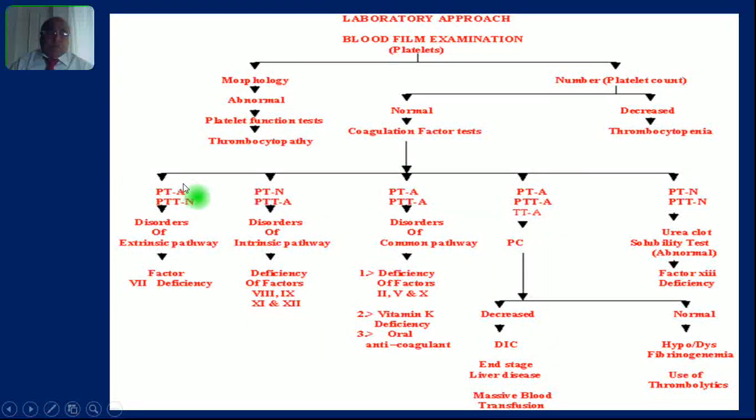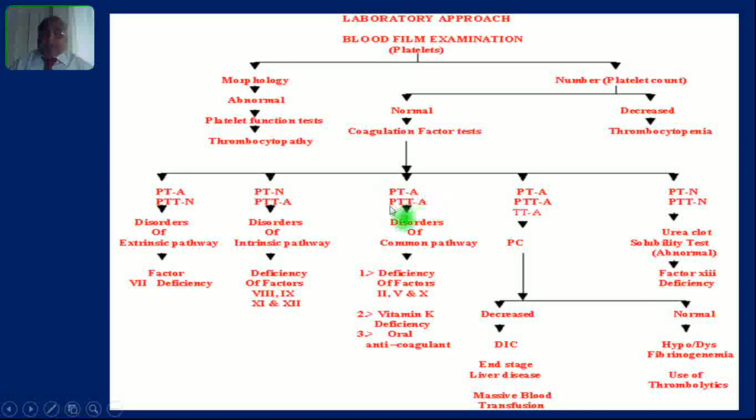Here you have to do both PT and PTT. If PT is abnormal and PTT is normal, so this is a disorder of extrinsic pathway and we are assessing the factor 7 deficiency. If the PT is normal and PTT is abnormal, we are assessing the disorders of the intrinsic pathway that comprises the factors 8, 9, 11 and 12.